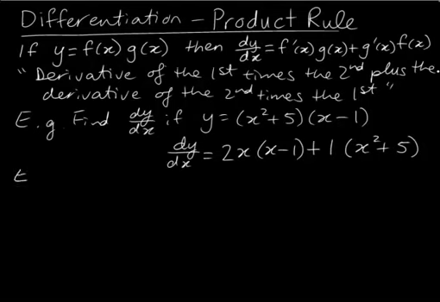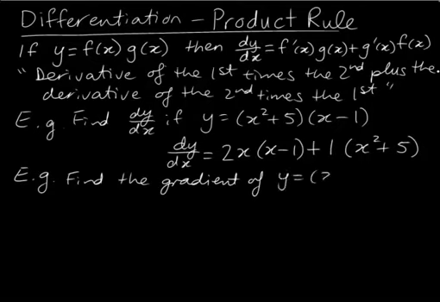Now, the product rule can be used for various functions as well. So I want to just show you this particular one. So let's say I have to find the gradient of y equals 2x minus 9 all squared at the point 0 and 81.